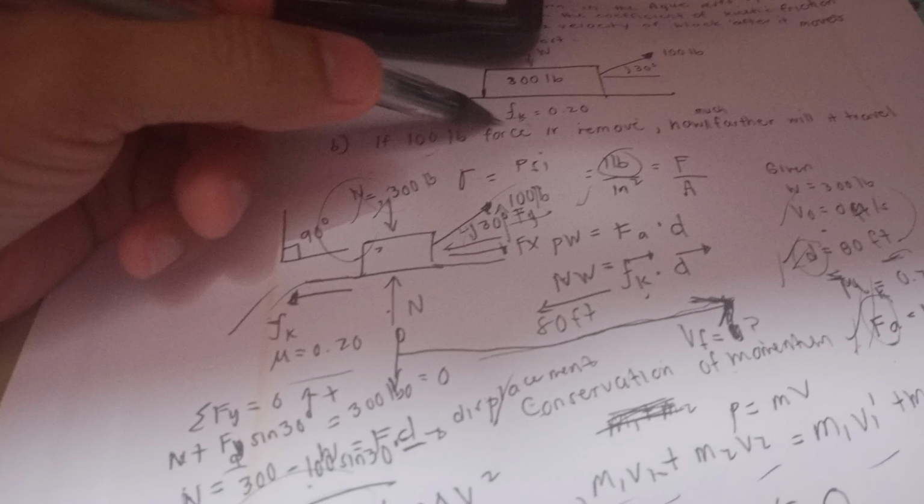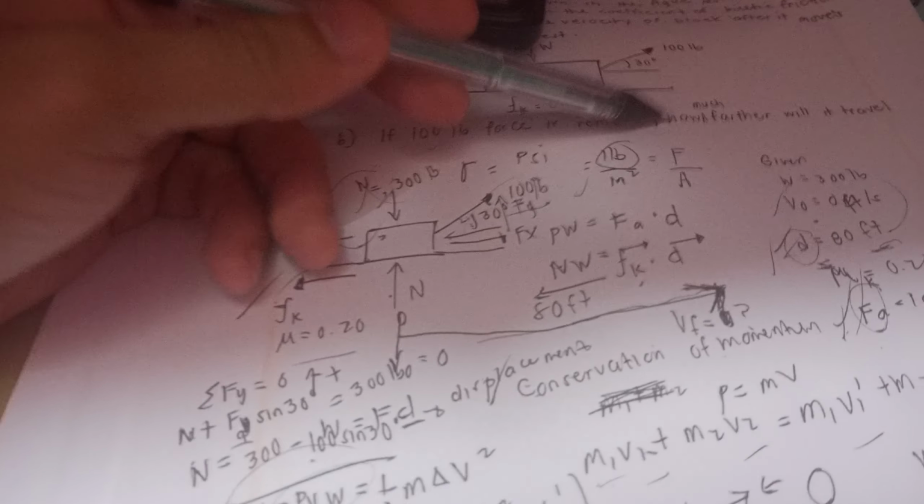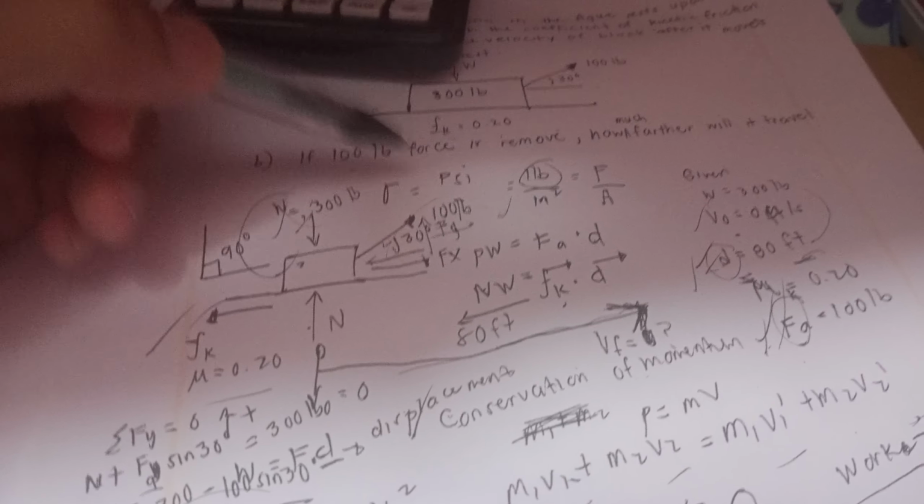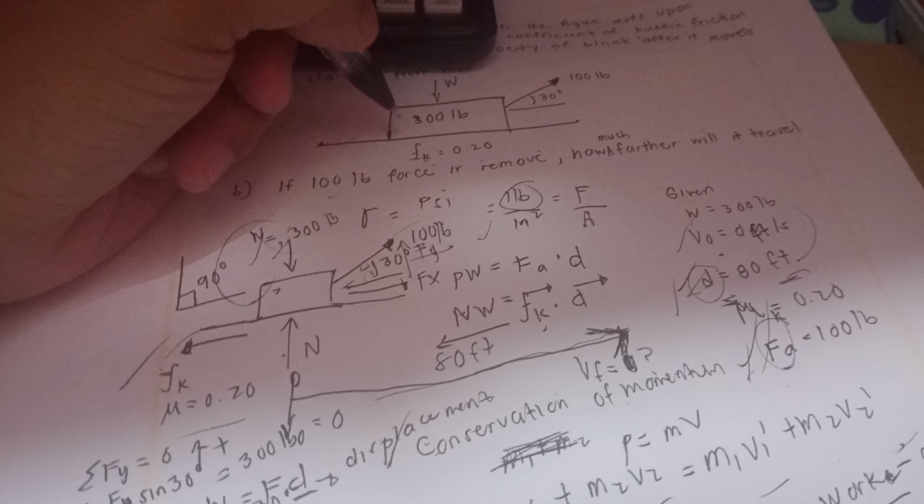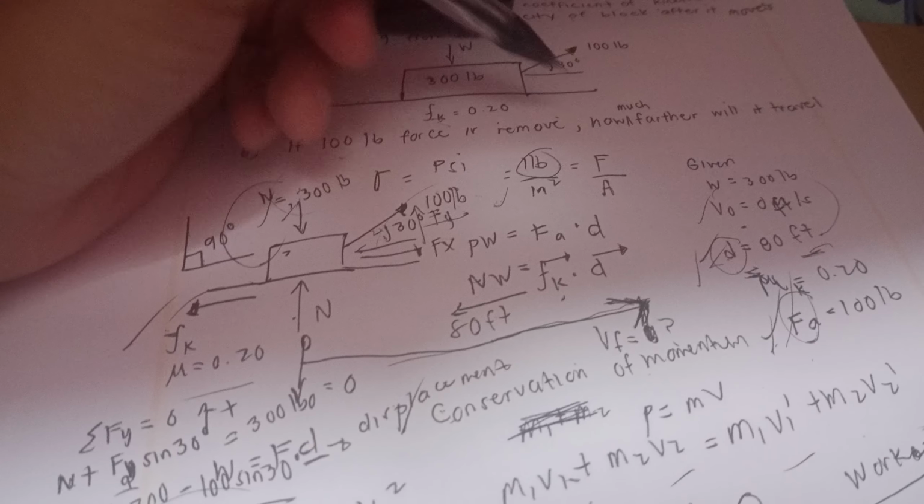Meron pa kasing B na tanong. If yung 100 pounds force is removed, how much farther will it travel? Ibig sabihin, pag natanggal to, gaano kalayo na daw yung matatravel niyan.